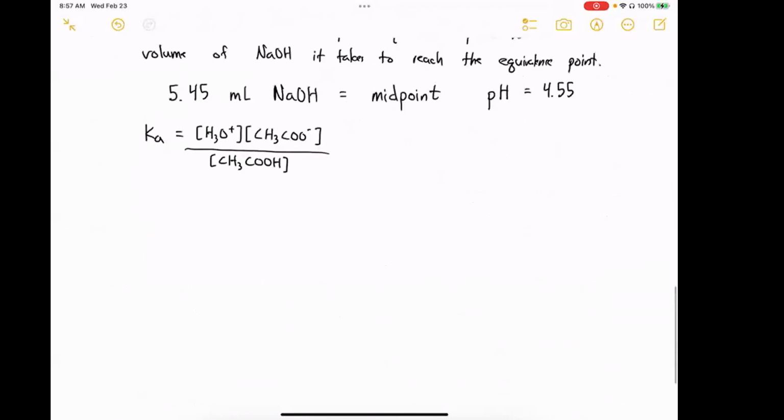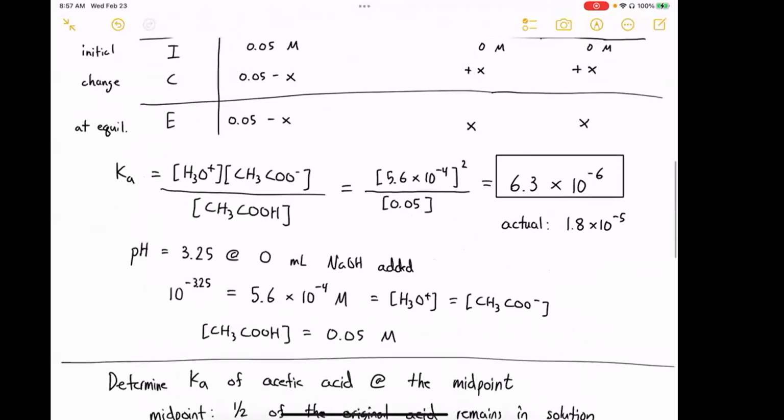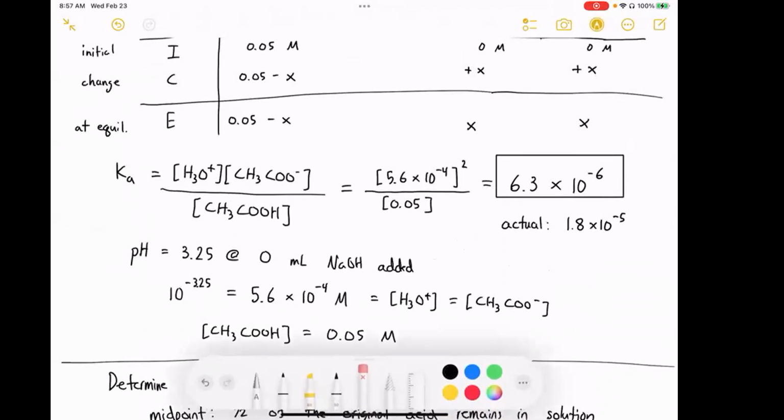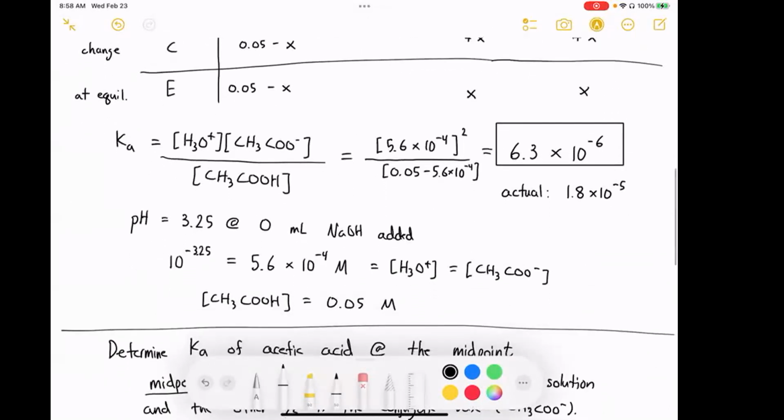Oh, sorry. I actually made a little bit of a mistake over here. My apologies. Let's go back to this. So you see here, we should have said minus x. So this should have been minus 5.6 times 10 to the negative 4. Since we determined that 5.6 times 10 to the negative 4 is our concentration for x for H3O+ and acetate, we need to subtract that in our denominator there.